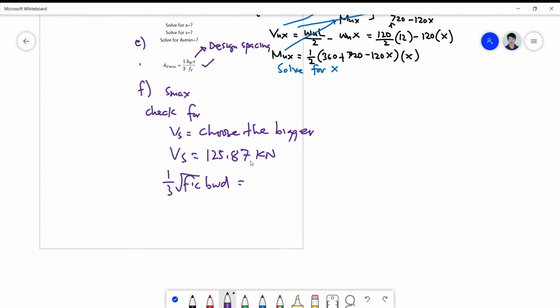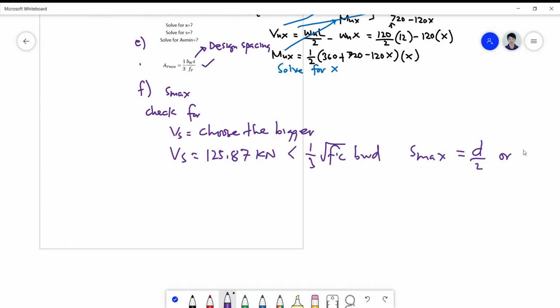If this is less than 1/3 square root of F prime C BWD, we choose S max is equal to D over 2 or 600 millimeter.